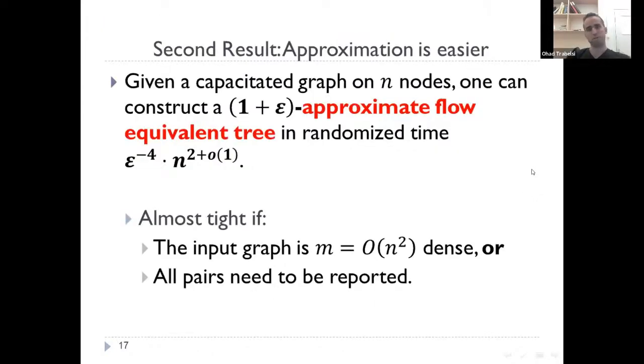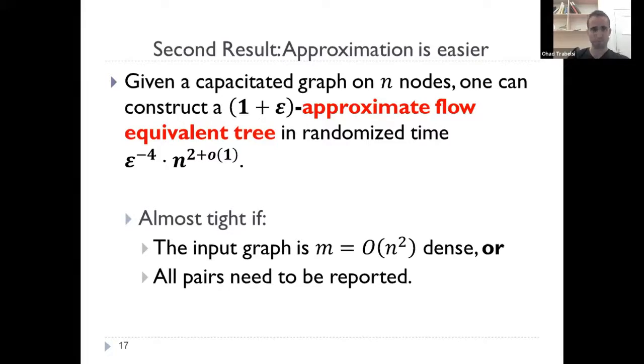The second result that we have is about approximations. What we show is that given a capacitated graph on n nodes, one can construct a 1 plus epsilon approximate flow equivalent tree in roughly n² time. And note that this is almost tight if the graph is dense or if all pairs need to be reported.